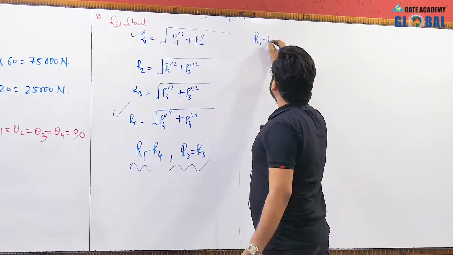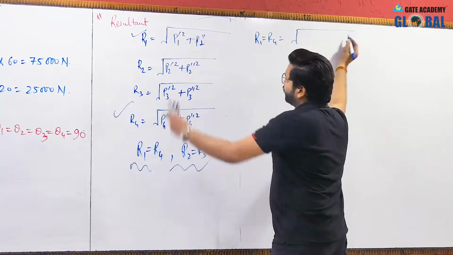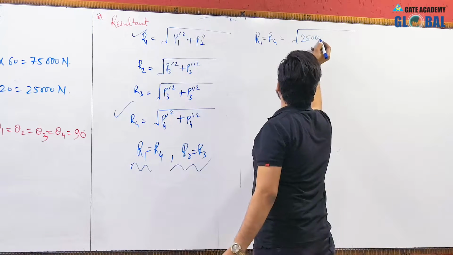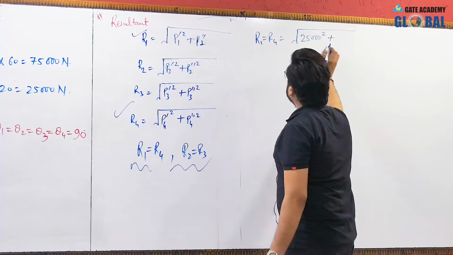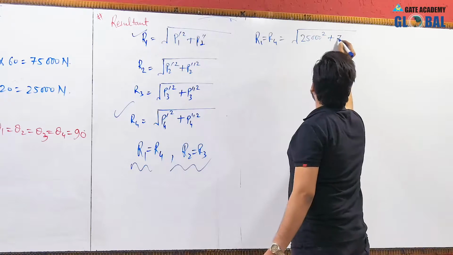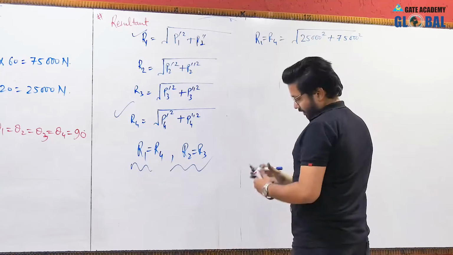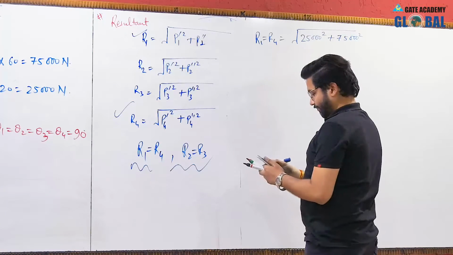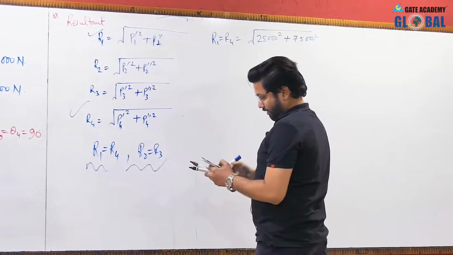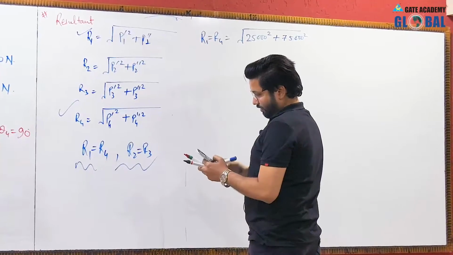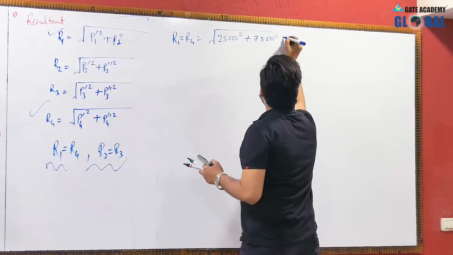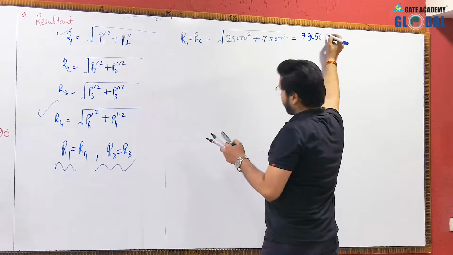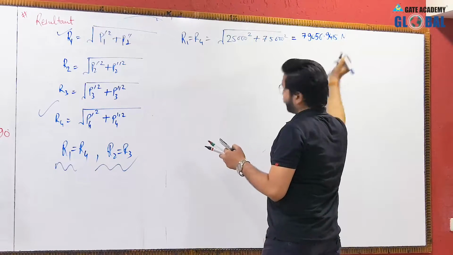So R1 equal to R4 will be equal to root over P1 square. P1 is 25 kilonewton, that is 25,000 square, plus P1 double dash, that is 75,000 square. So this is 25,000 square plus 75,000 square, and R1 comes out to be 79056.9415 Newton.